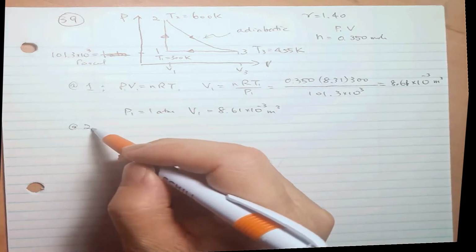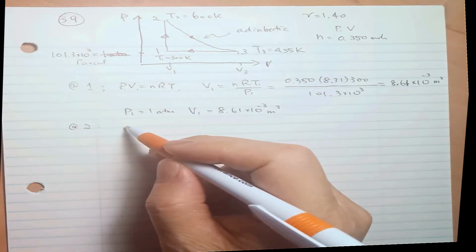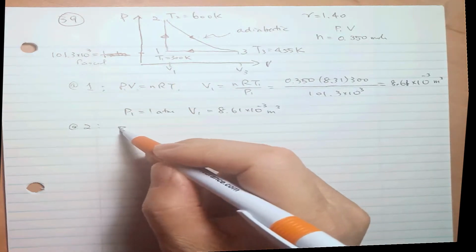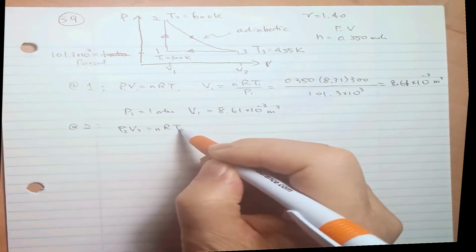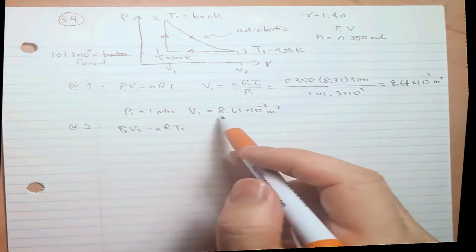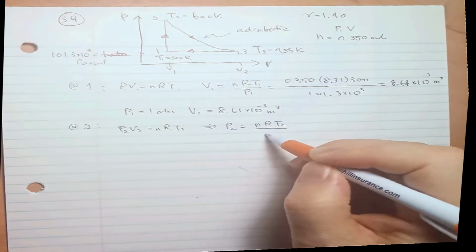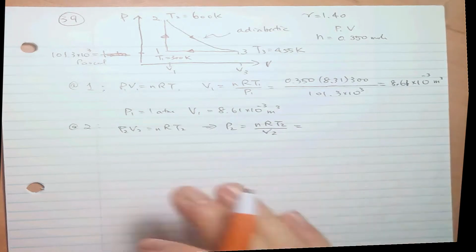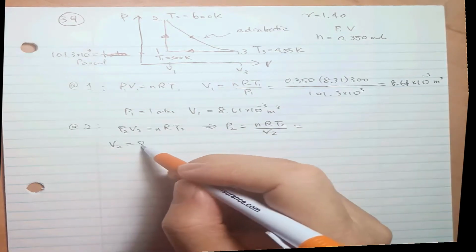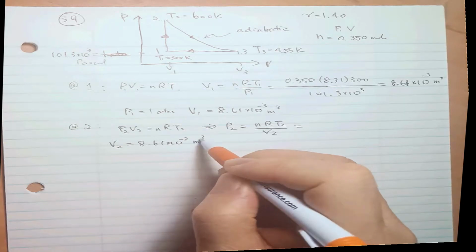Okay, so at 2, well, we already know V now at 2. So PV2 equals nRT2. T2 is 600, and V2 is same as V1. So we can figure out P2, which is nRT2 over V2. V2, by the way, is the same as V1, which is 8.61 times 10 to the negative 3 cubic meter.